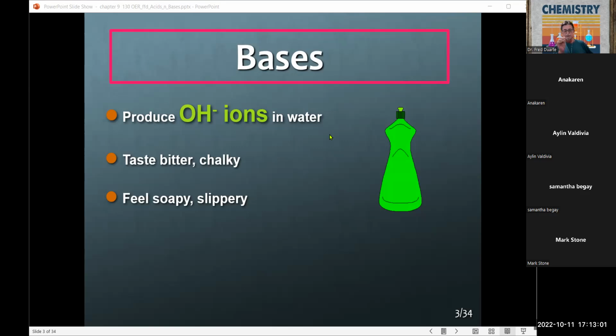It is that bases tend to denature and break down the tissue of your skin. In fact, a lot of facial treatments are alkaline in nature. The idea being to strip away and get rid of some old tissue. Okay. All right. They will take red litmus paper and convert it blue if it's a base.